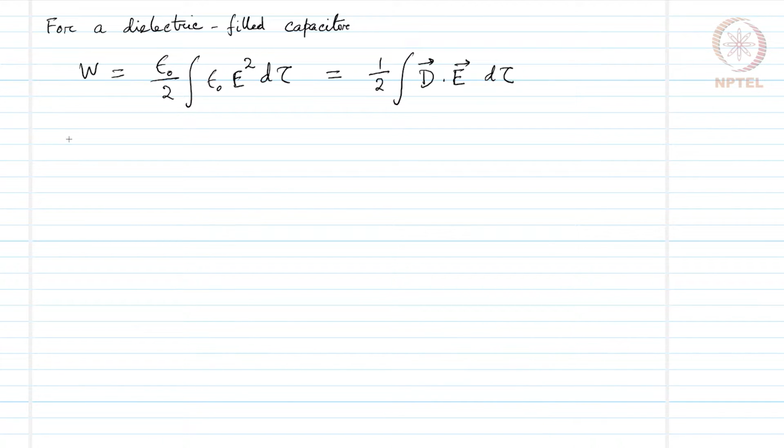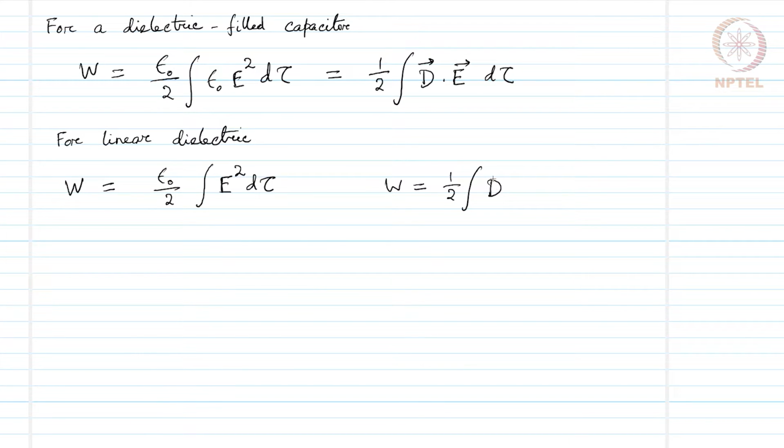So, if we have a linear dielectric material, we have two expressions at hand, that is W equals epsilon naught over 2 integration over E squared d tau, and W equals half integration D dot E d tau.